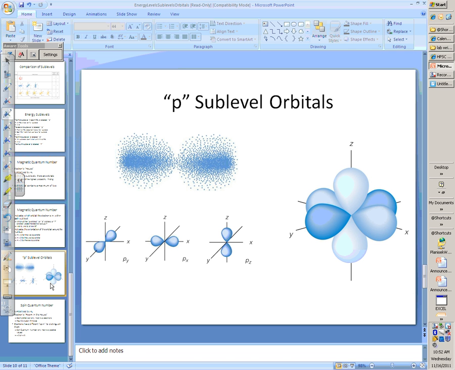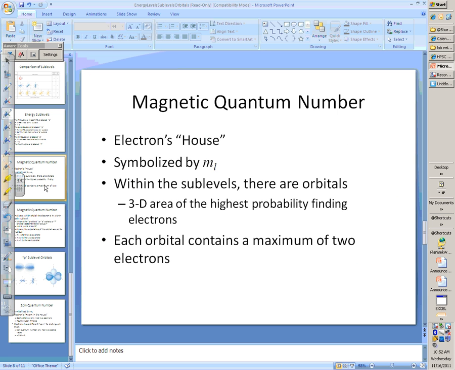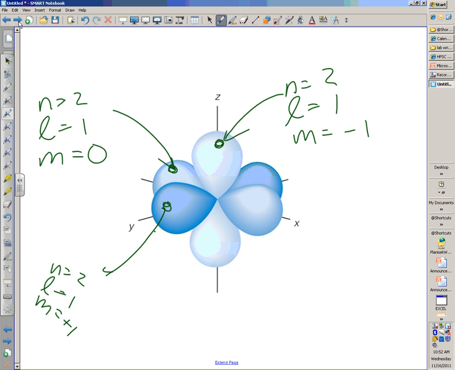Almost there. Before, when we were talking about M, you wrote down that each orbital contains a maximum of 2 electrons. If I go to this picture, the dark blue running along what is labeled as the y-axis, I've got 1 electron here. I can have another electron right there.